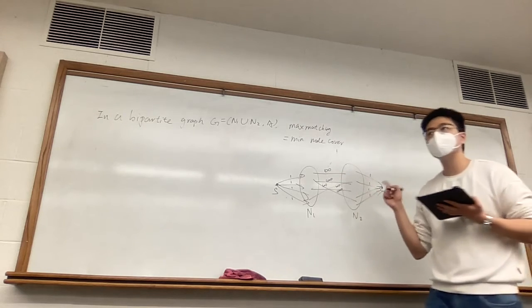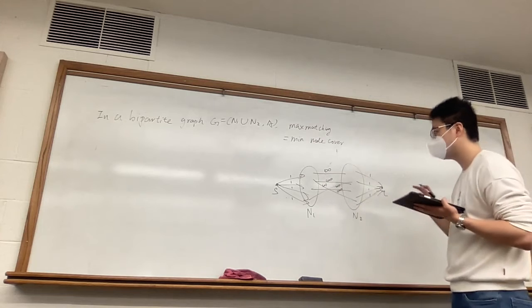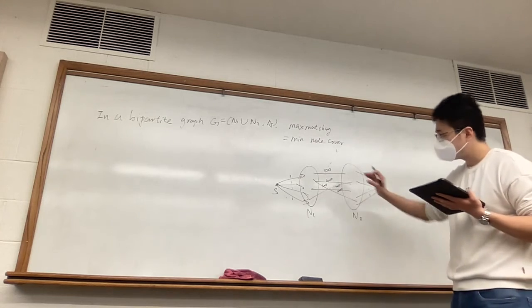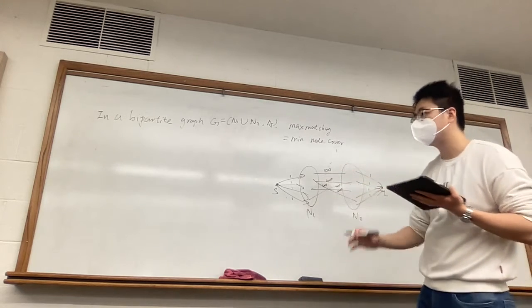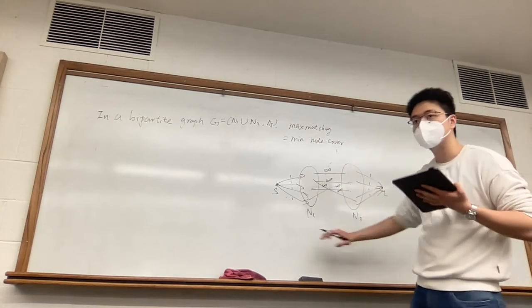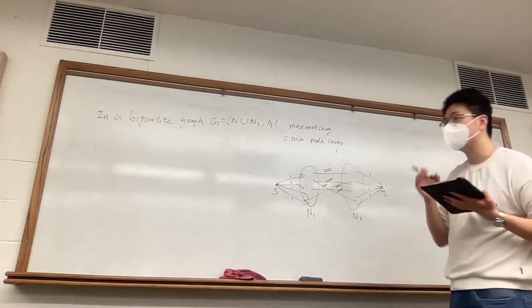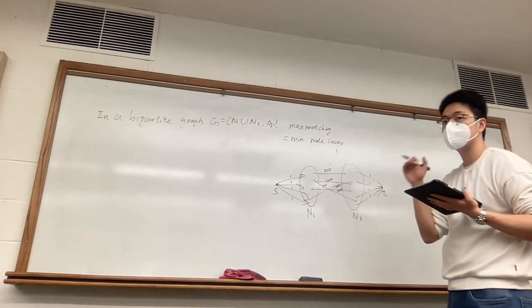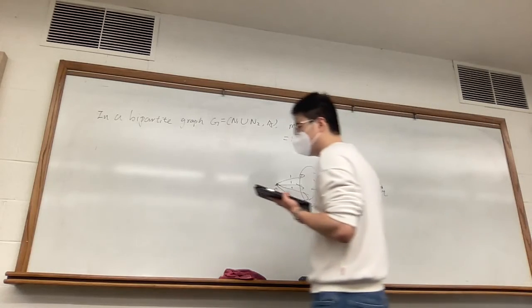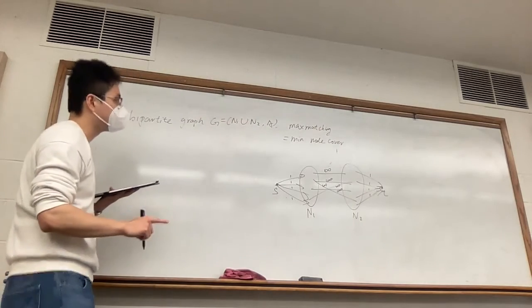When you see infinity, you may have some impression from what we have just talked about: when you are finding a min cut, you don't have any arc that goes from S to T with infinity capacity, because the flow is bounded from above. So when you see infinity, you should think of something about the min cut.